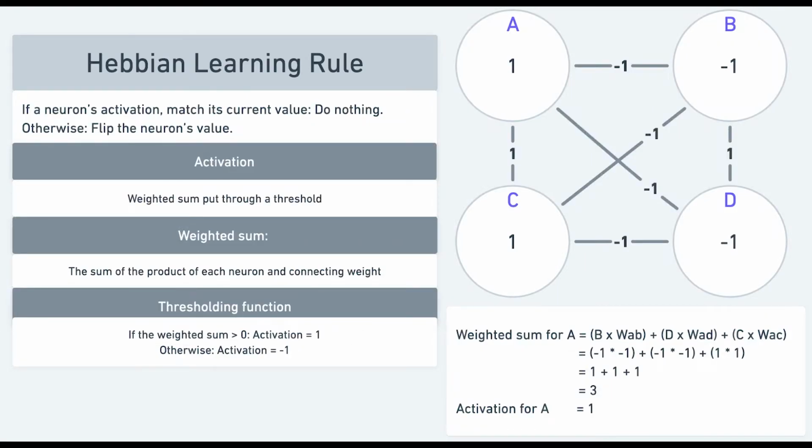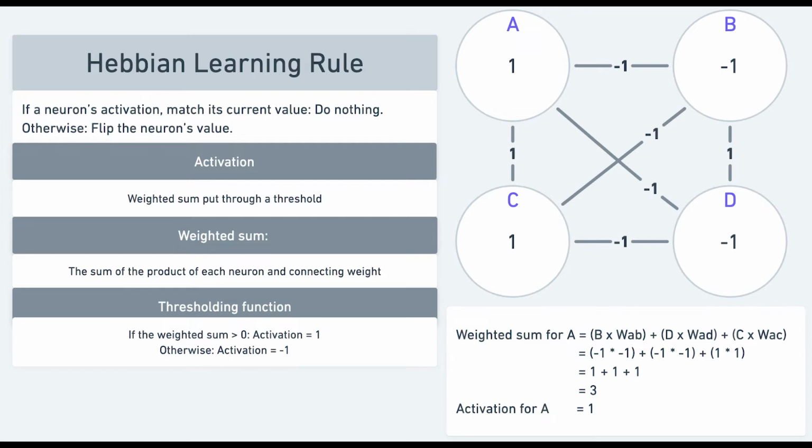To recap, the state transition rule for a Hopfield network is to calculate the weighted sum of inputs for a neuron, put it through a thresholding function, and if the output matches the current neuron's value, do nothing. Otherwise, flip that neuron's value. In this example, neuron A's activation matches its current value, so we do nothing.